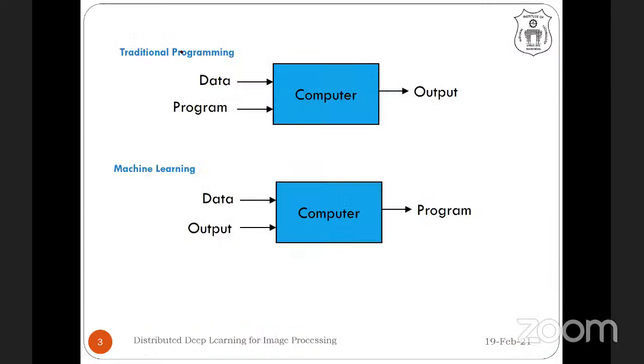This is traditional computer programming, where we give data and a program as input to the computer and get the output. But in machine learning, data and output are the input to the computer, and a well-formulated program is the output, which we call a model.